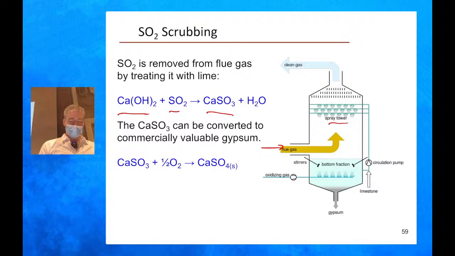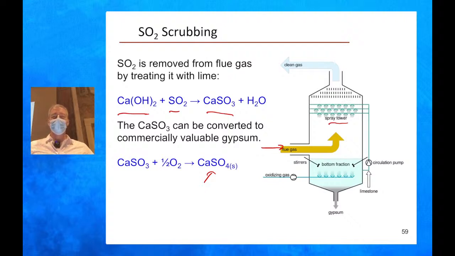and then that can be oxidized into CaSO4 solid, which is also called gypsum. So gypsum is this white solid material that's used primarily as a construction material. It's in drywall. It's that white powdery stuff in gyprock. The gyp actually stands for gypsum. That's just calcium sulfate.